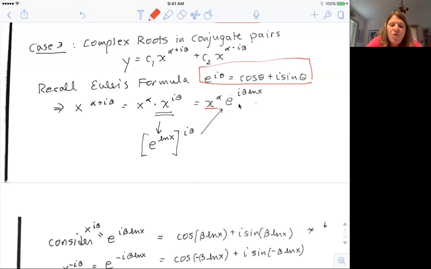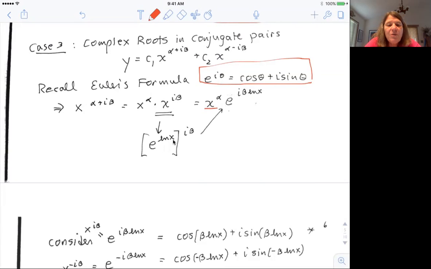And then I'm going to do one other thing before I change this using Euler's formula. It just turns out to be a nice thing to do. If you look at x to the i beta and rewrite it using e to the log x, what is e to the log x, guys? What do e and log x do to each other?